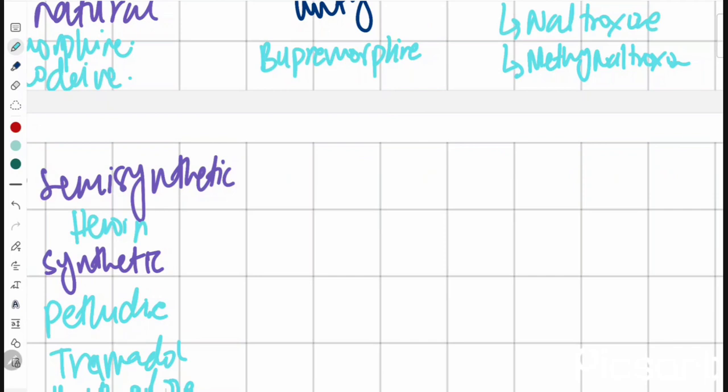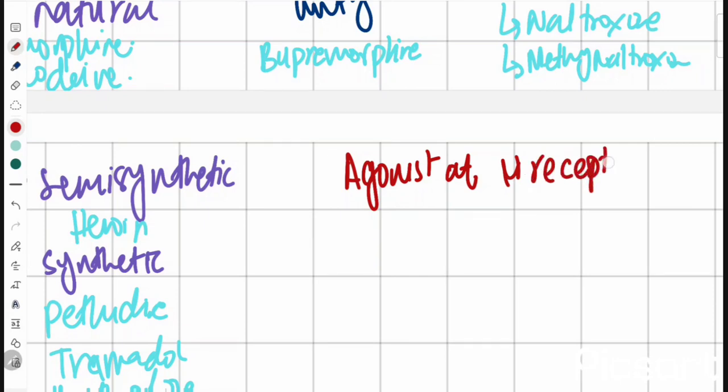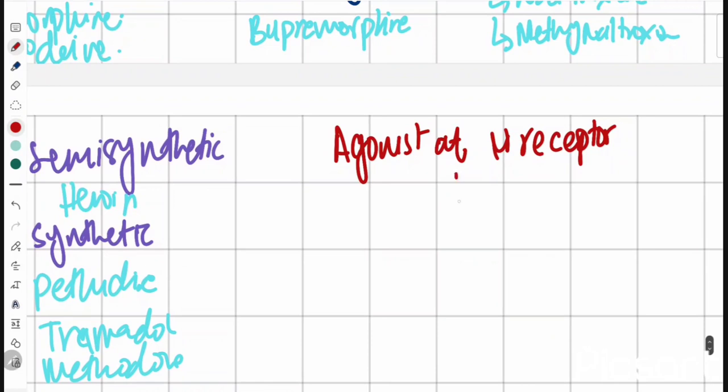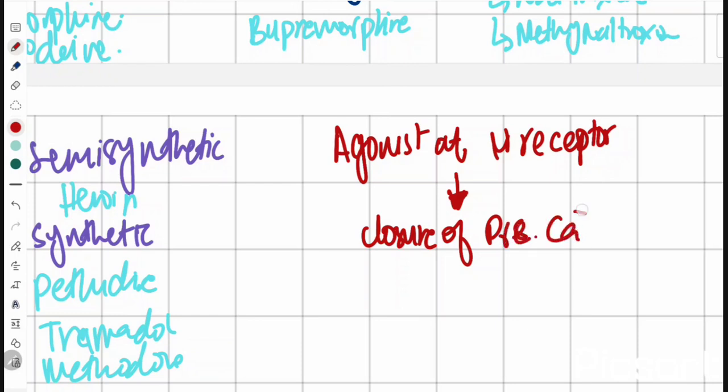Now for its brief mechanism of action, it is an agonist at the mu receptor, also called the opioid receptor, and it is going to cause closure of presynaptic calcium channels, and it is going to open potassium channels.